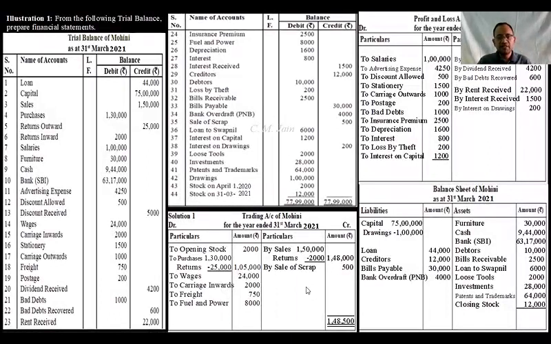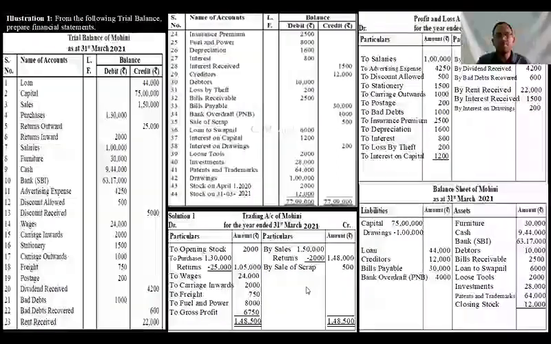So the difference amount will come on debit side, 6,750, and this is gross profit. Had the difference come on credit side, then it would have been gross loss. But since debit side is shorter, it is profit. To gross profit 6,750, write total on both sides.